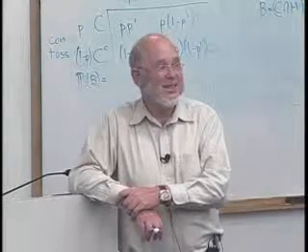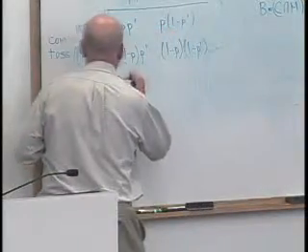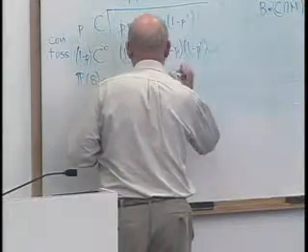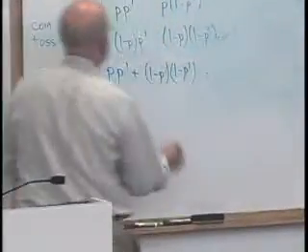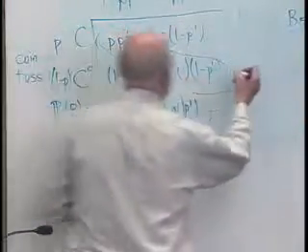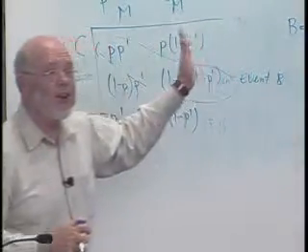Just P times P prime, plus 1 minus P times 1 minus P prime. That's event B. So far, so good?